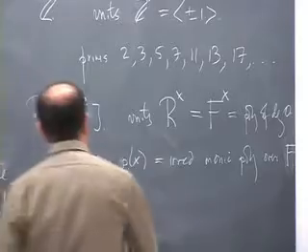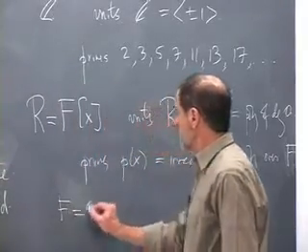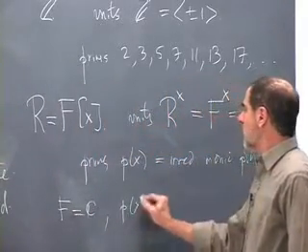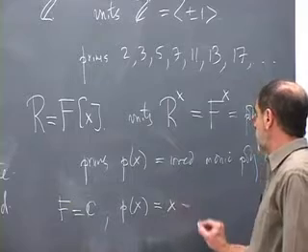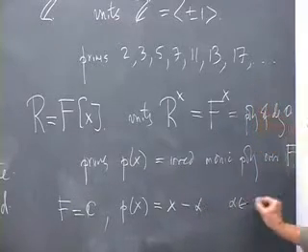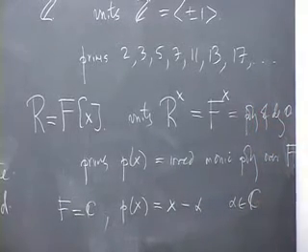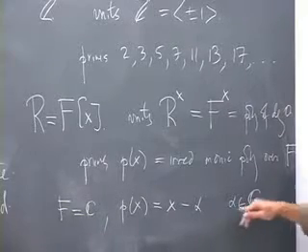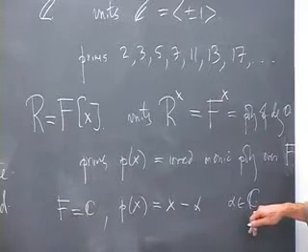So if, for example, F is equal to C, the irreducible polynomials are all of the form x minus alpha for alpha in C. Namely, there's a list of the primes, and they correspond to the elements of the complex numbers.